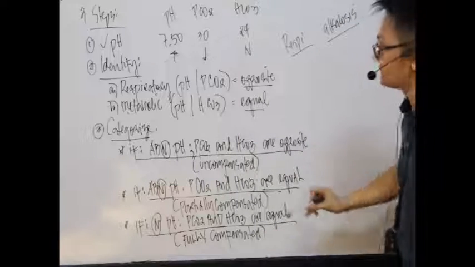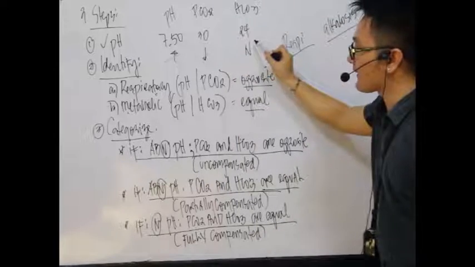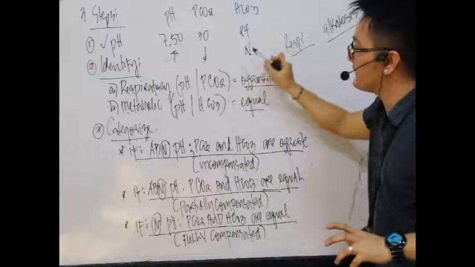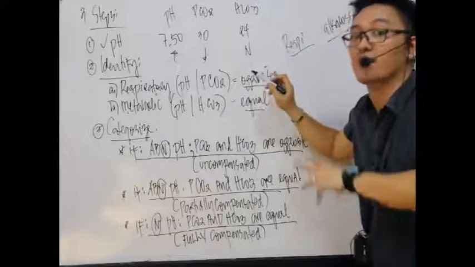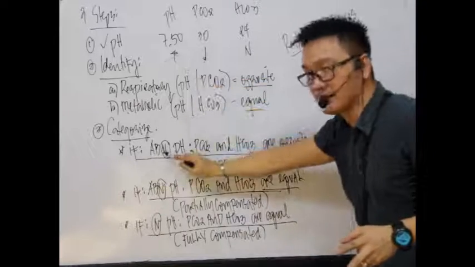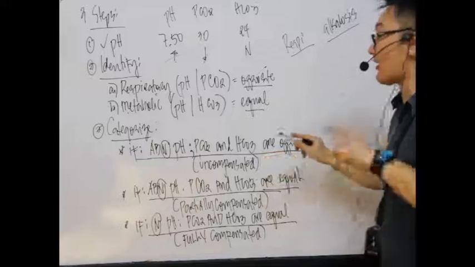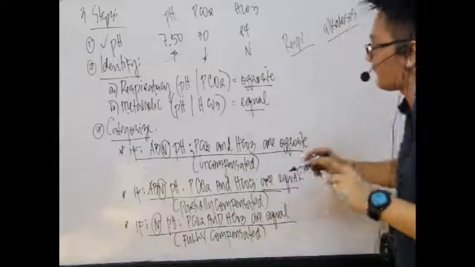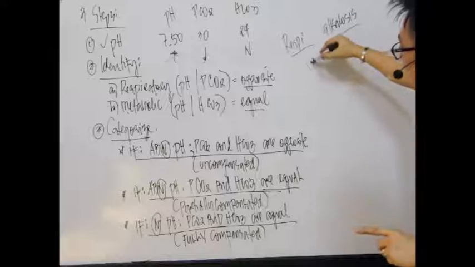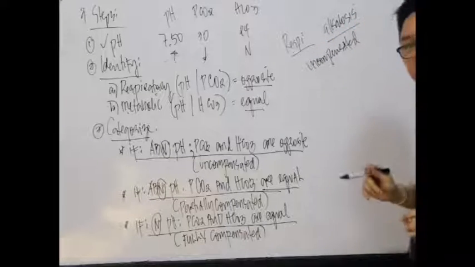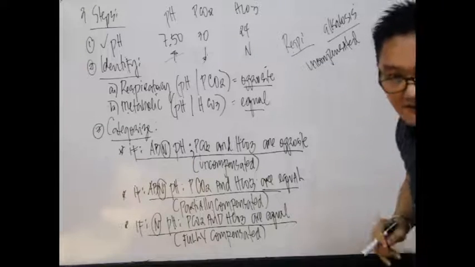Now, follow-up question. PCO2 and bicarb, are they equal or opposite? One is low, the other one is normal. In short, they are opposite. Therefore, if the pH is abnormal, PCO2 and bicarb are opposite. What is the category? Uncompensated. Therefore, it is respiratory alkalosis uncompensated. Can you follow? Okay, very good.